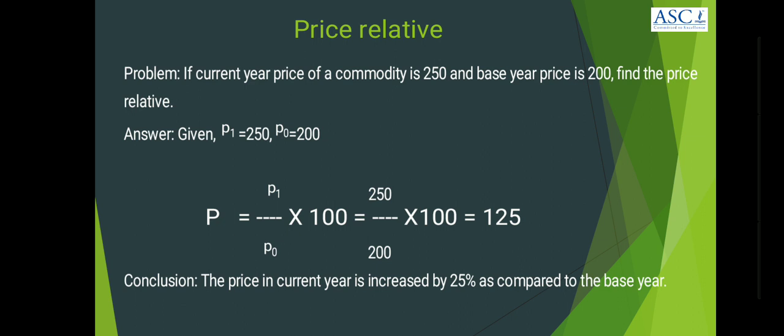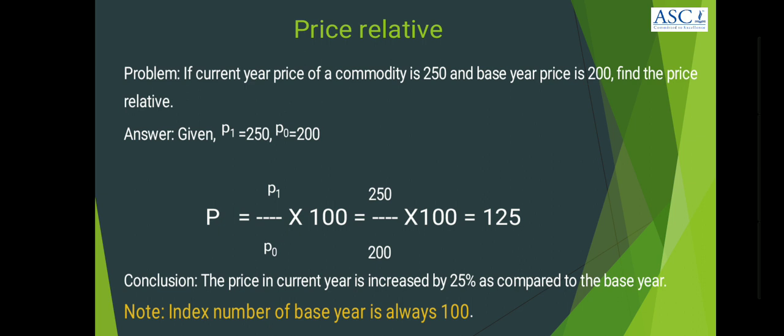Now we have to give a conclusion regarding this result. Before that, we should know that theoretically base year index number is always 100. It means we assume that for base year, index number is 100. And in this problem, the answer calculated, that is 125, is the index number of the current year.